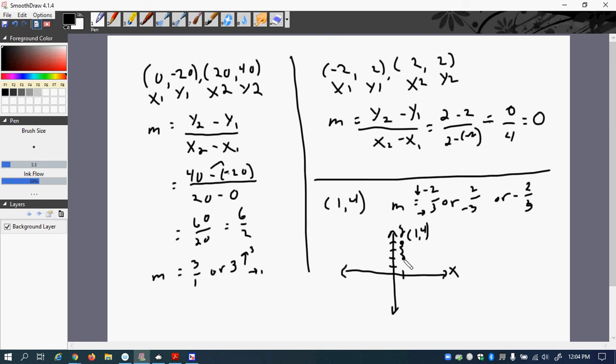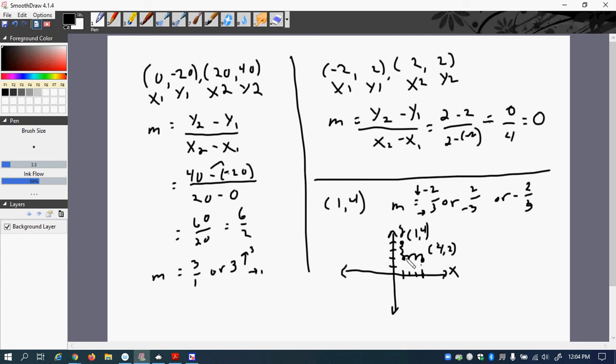And then I go to the right 1, 2, 3. So what is this point? If I go down 2, because it was at 4, it's going to be at 2, and it's over 3. So 4, 2 is the particular point.